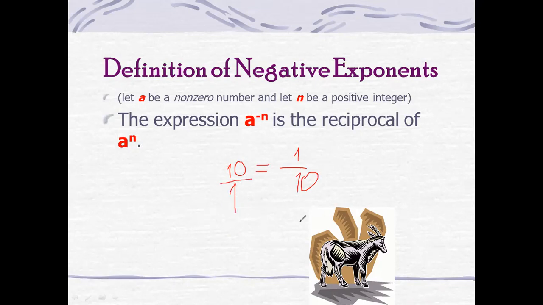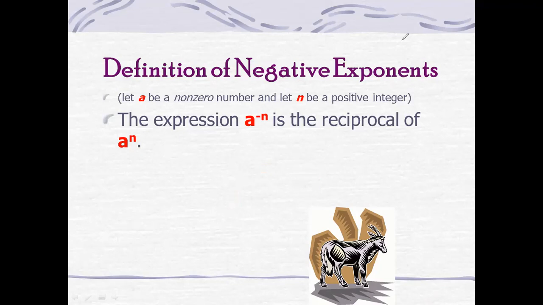So 1 over 10 is the reciprocal. Why am I talking about that? Take note, the expression a to the power of negative n is the reciprocal of a to the power of n. So that means it is the opposite. For 3/4, the reciprocal is 4 over 3.